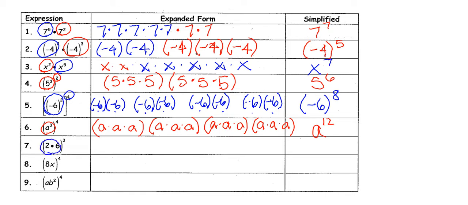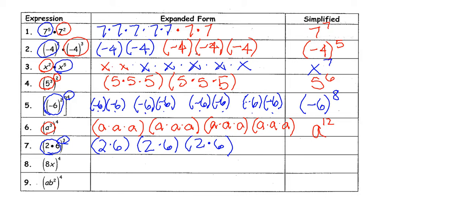All right, so here, 2 times 6. Okay, so it's telling us to write 2 times 6 3 different times. So there's twice. There's 3 times. I wrote whatever was in the parentheses, which was 2 times 6.